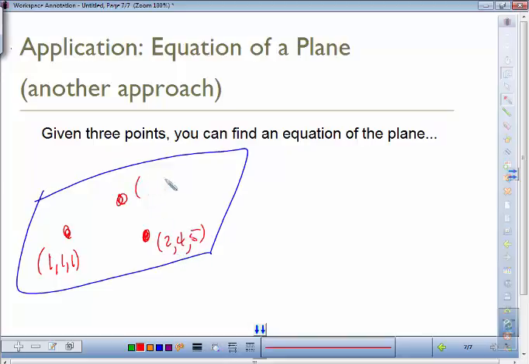And then another one. Throw a negative in there somewhere. Negative 3, 6, 7. The only thing we want to be careful about is that they don't all fall on the same line, because if they all fall on the same line, then we don't really have a well-defined plane. So our plane crashes.